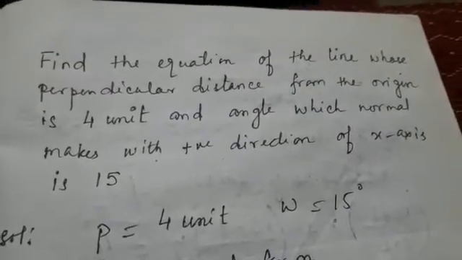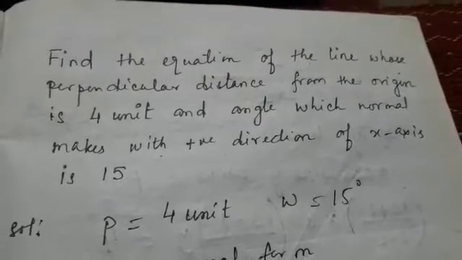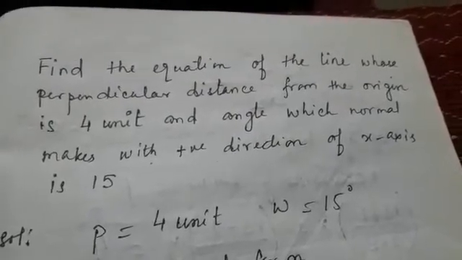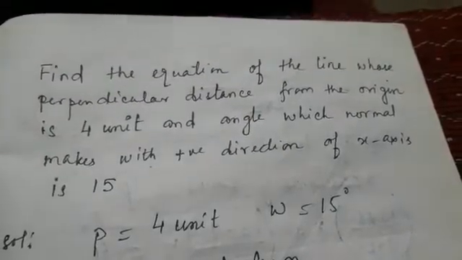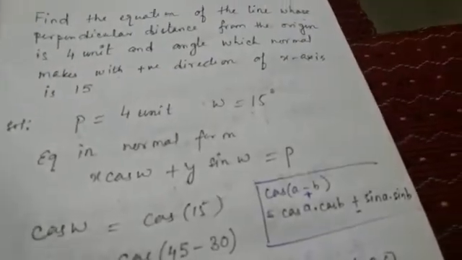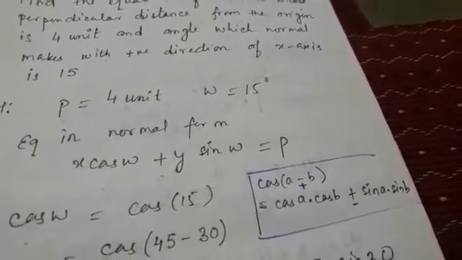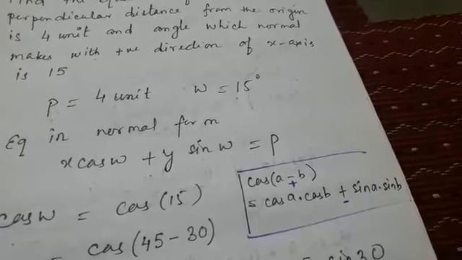Hello students, we are going to continue with the equation of straight line, and today's topic is numericals based on normal form. Before starting this sum, first note down two formulas which you are going to apply.